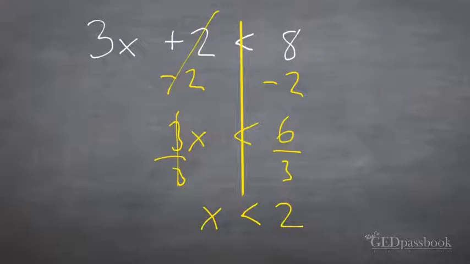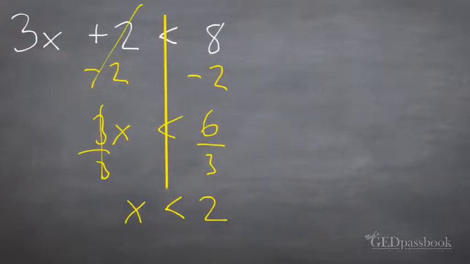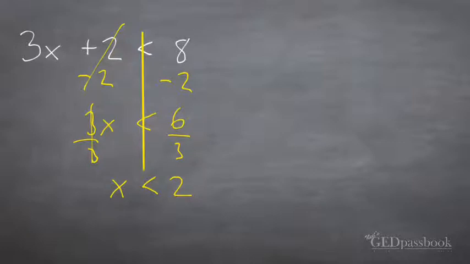You do the exact same math as equations, except we have a different answer. This is a different meaning versus before, when we had the exact same problem but with an equal sign, 3x plus 2 equals 8.